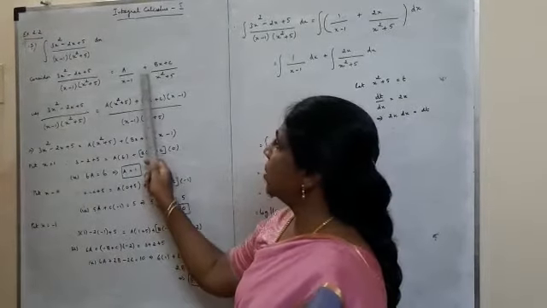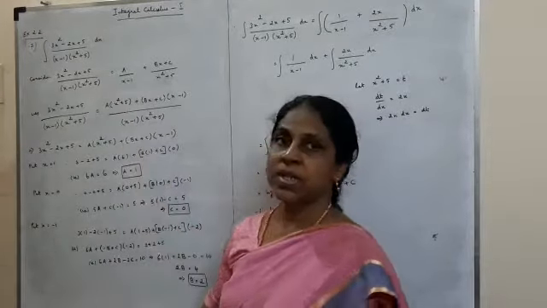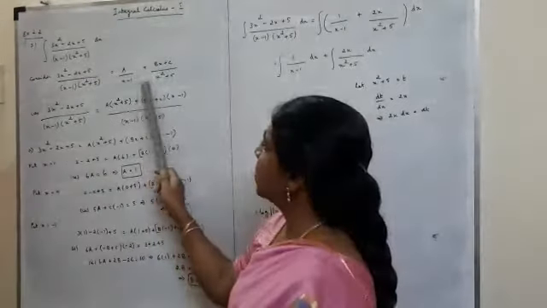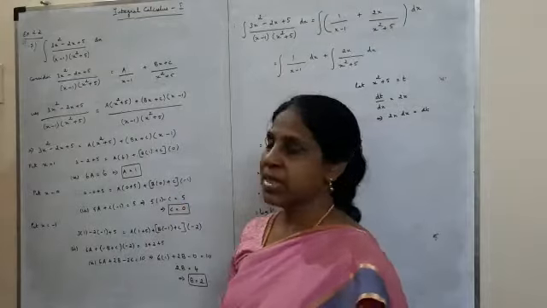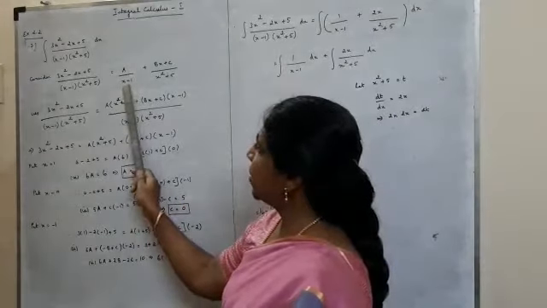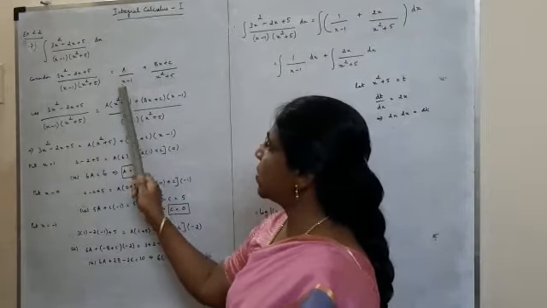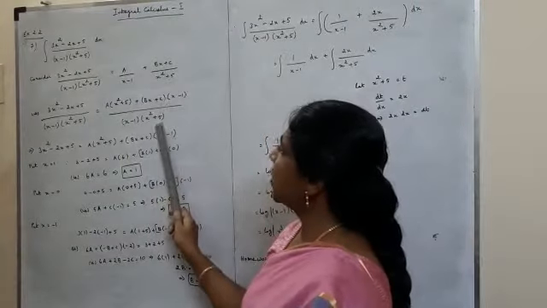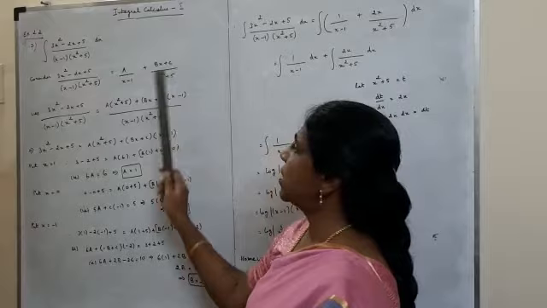As you have two terms, we always go about with the LCM. So (x − 1)(x² + 5) will be the LCM. It is x − 1 available here, so you multiply with x² + 5. So A into (x² + 5). Plus here x² + 5 is there, so you have to multiply this with x − 1.